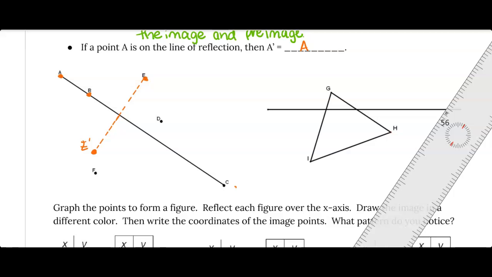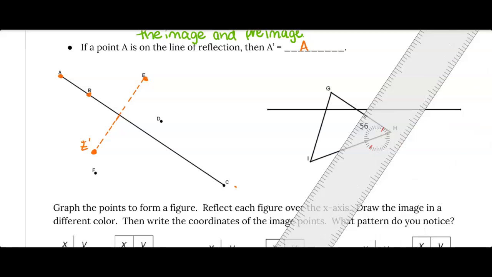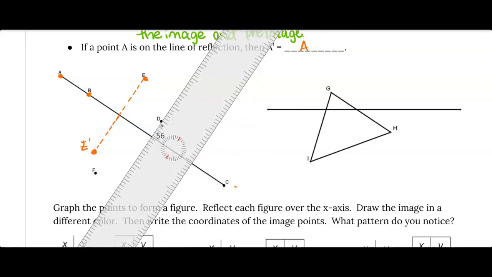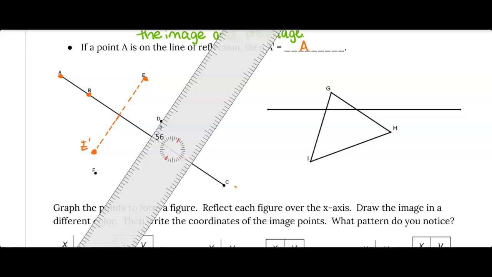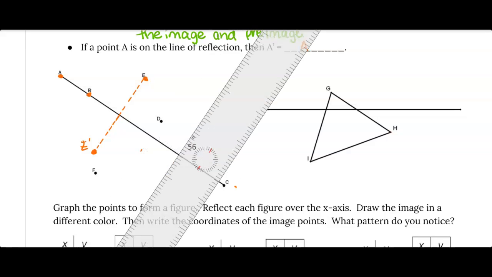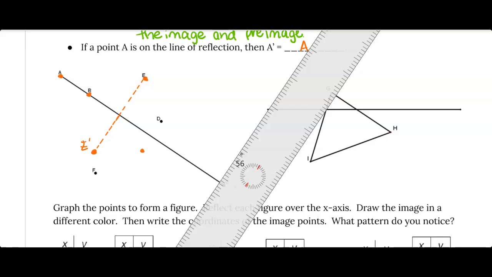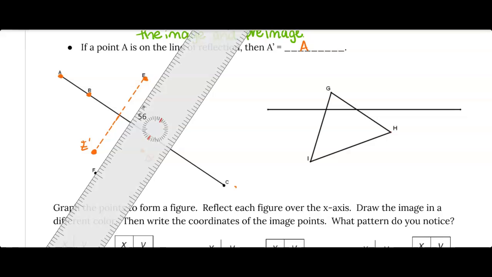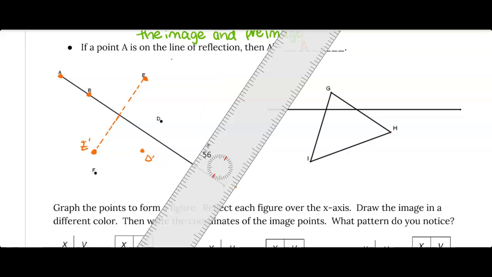So you can imagine if you were drawing for D, you would have your point D right over here. It would be about right there. That would be D prime. F prime would be right here, around right there.